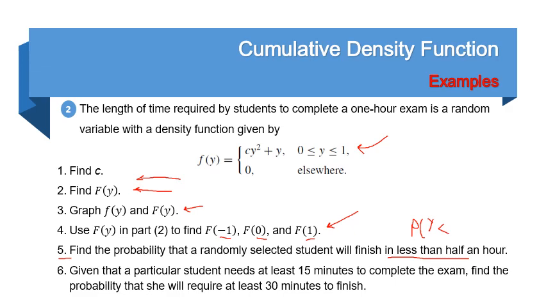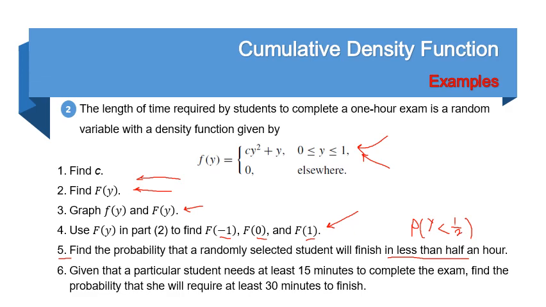You write equal or not. In order to get the probability that your y is less than half, all you have to do is integrate the function, which is here between 0 and 1, from 0 up to half, as you will see in the next slide.